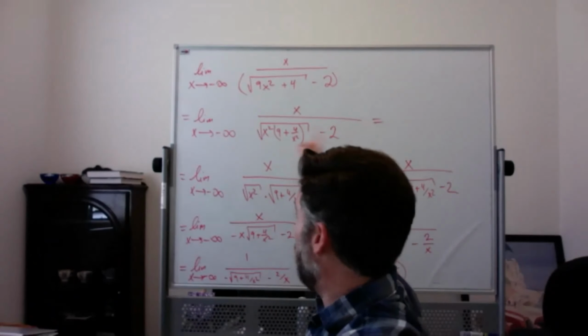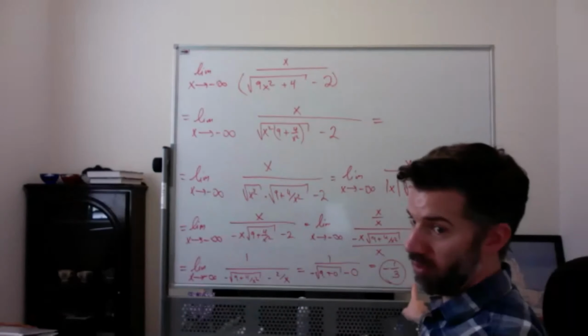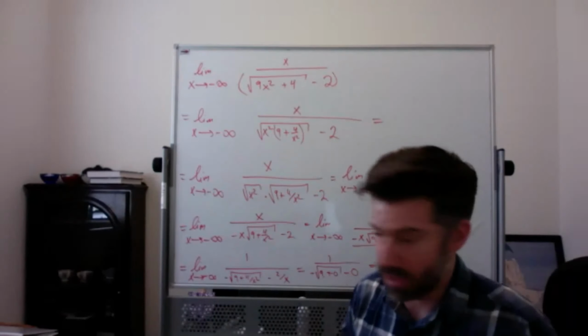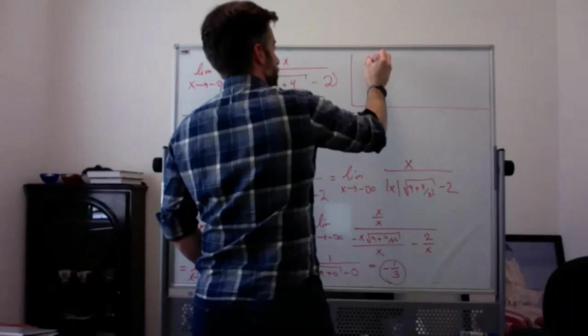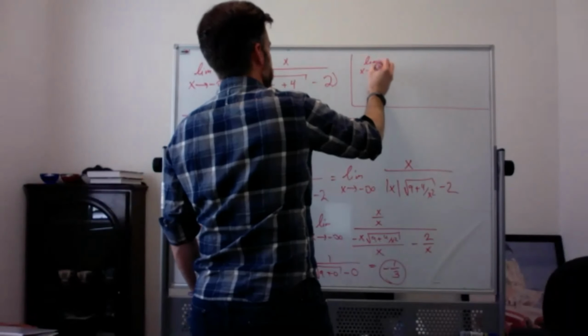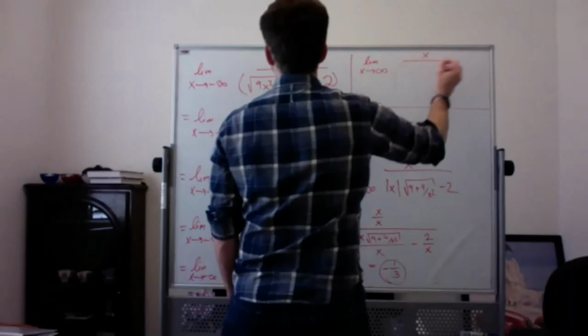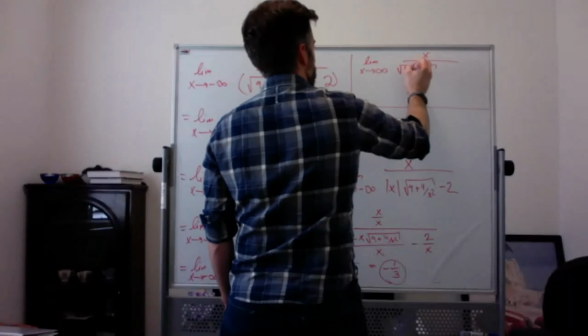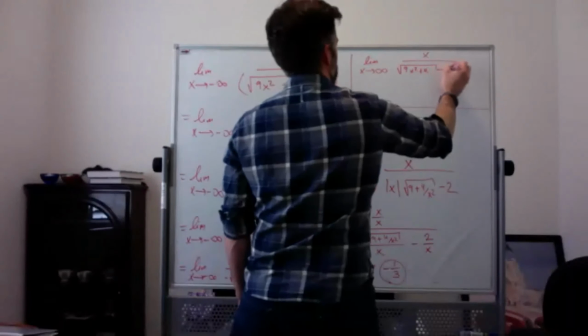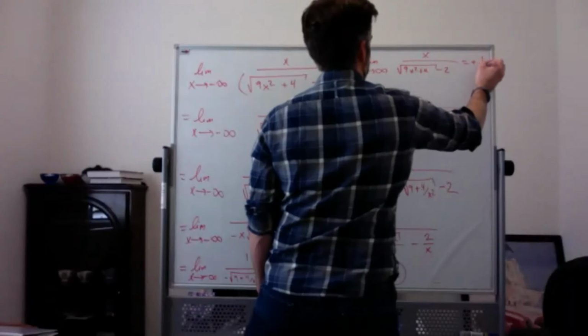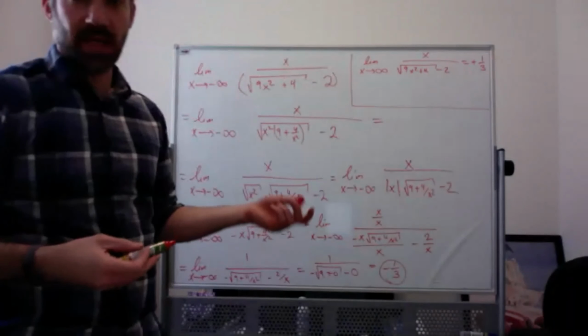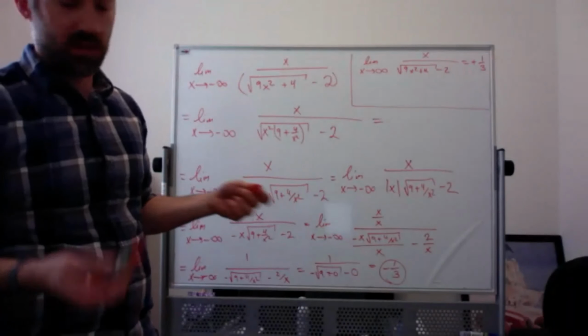So the horizontal asymptotes of this function would be negative 1/3 and positive 1/3, because the limit as x goes to positive infinity of this function would equal positive 1/3.